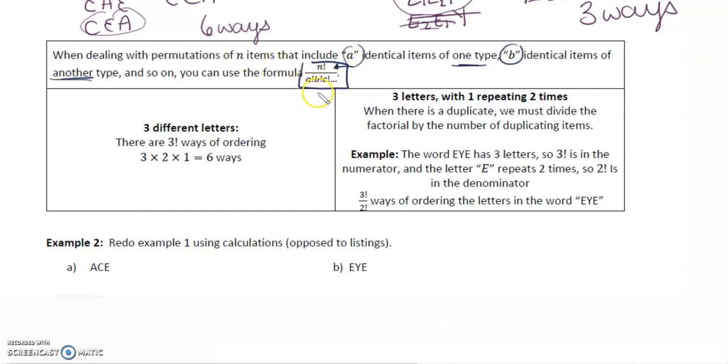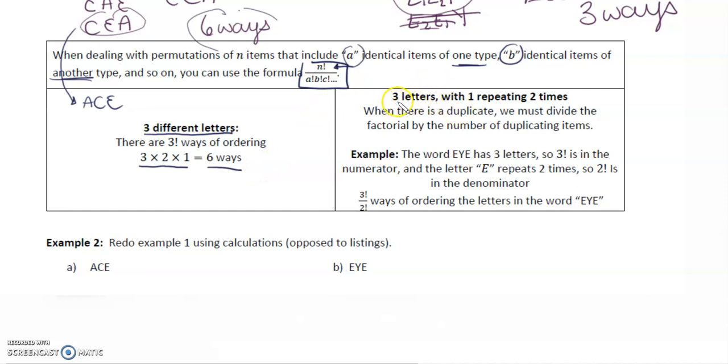And then we're going to divide out a factorial, b factorial, c factorial for all of the duplicates. So here's the difference. If we have 3 different letters, which we saw with the ACE example, there are 3 factorial ways of ordering. Well, we got 6 ways. If we wanted to calculate it, we'd simply do 3 factorial, which is 3 times 2 times 1.